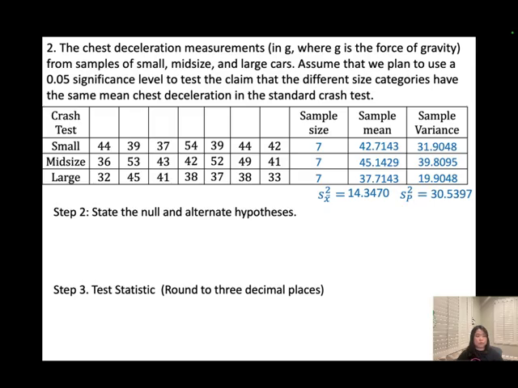State the null and alternate hypotheses. We want to test if they have equality of the population means, and we do have 3 populations. Alternate hypothesis: at least one of the means is going to be different.